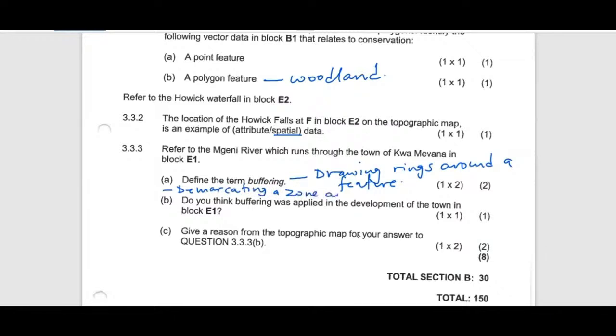Demarcating a zone around a feature. That is buffering.